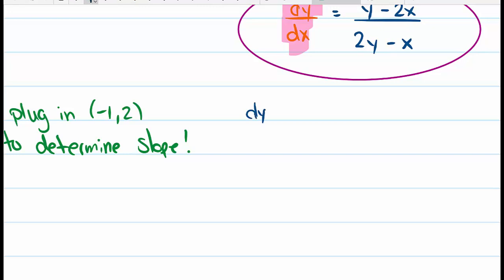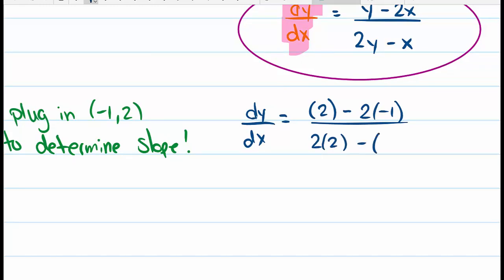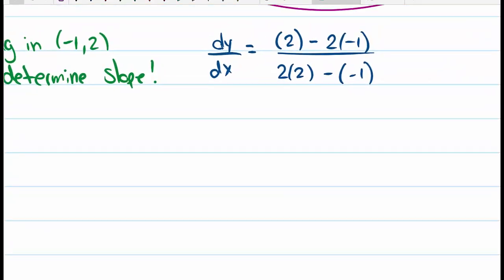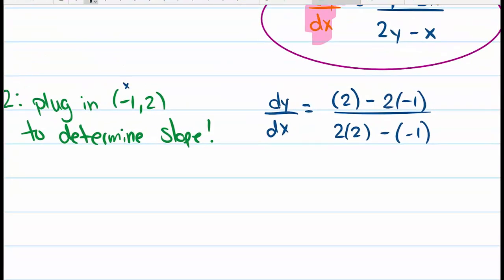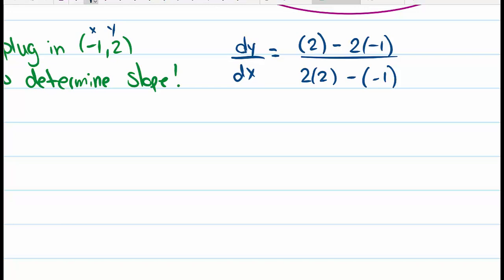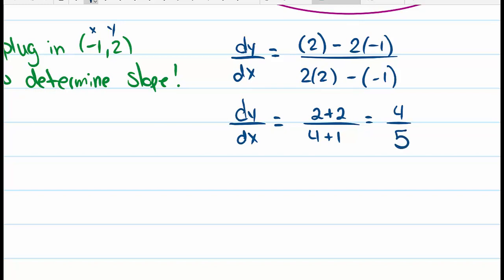So we have dy/dx is equal to 2 minus 2 times -1 divided by 2 times 2 minus -1. All I did there is wherever I saw the x and the y, I simply plugged in the numbers. So we get dy/dx is equal to 2 plus 2 divided by 4 plus 1, which comes out to a whopping 4/5.